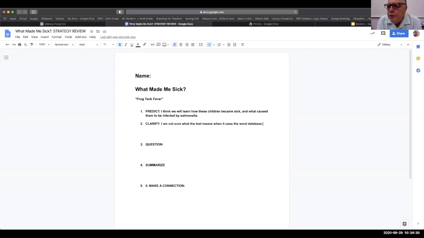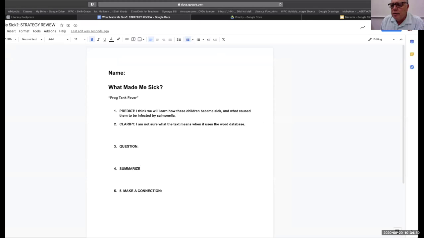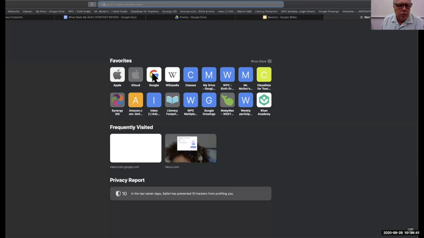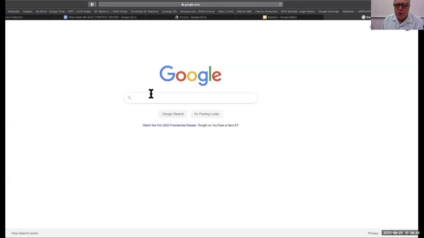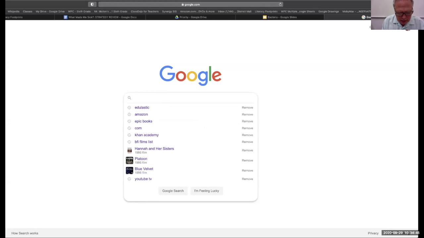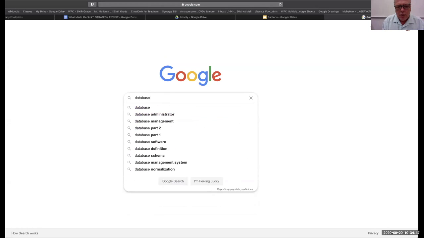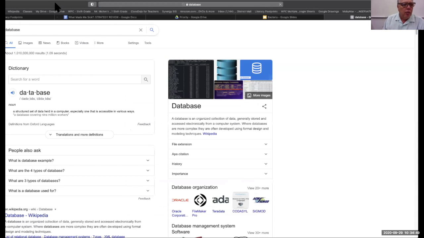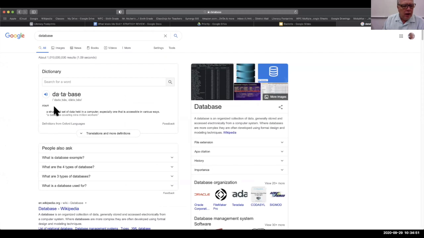So what I would do is I would go to the internet, go to Mr. Google, and type in database. And almost right away, it's going to give me a definition.